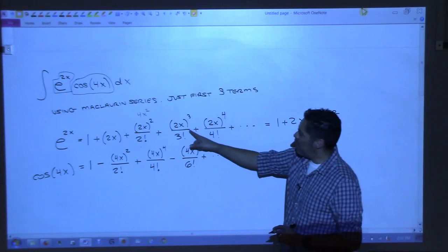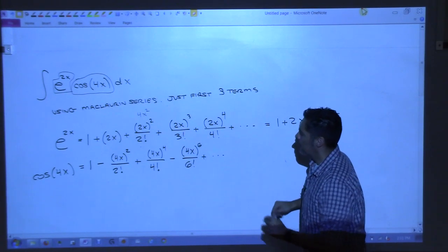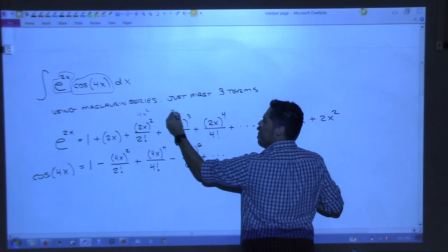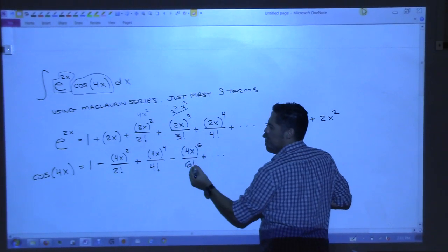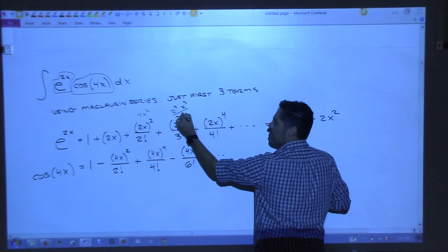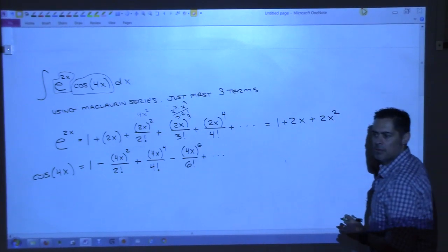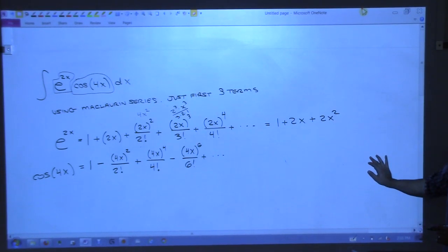Okay, what would this next one be? This is 2 cubed times x cubed over what? 3 times 2 times 1, right? How many 2's would be left on top? Because I have one 2 on the bottom, don't I?